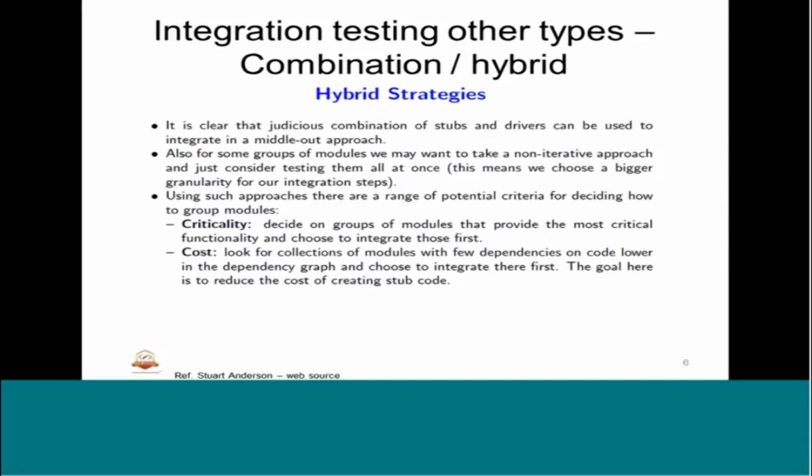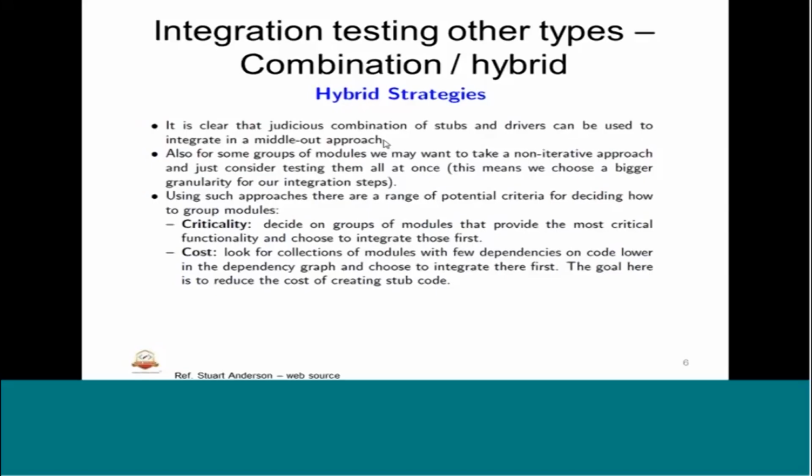It is also called combination integration testing. So it is clear that a judicious combination of stubs and drivers can be used to integrate in a middle-out approach. As I said, it may not be purely possible to use stubs only with the entire integration, or it may not be feasible to use drivers alone for the entire integration aspect.